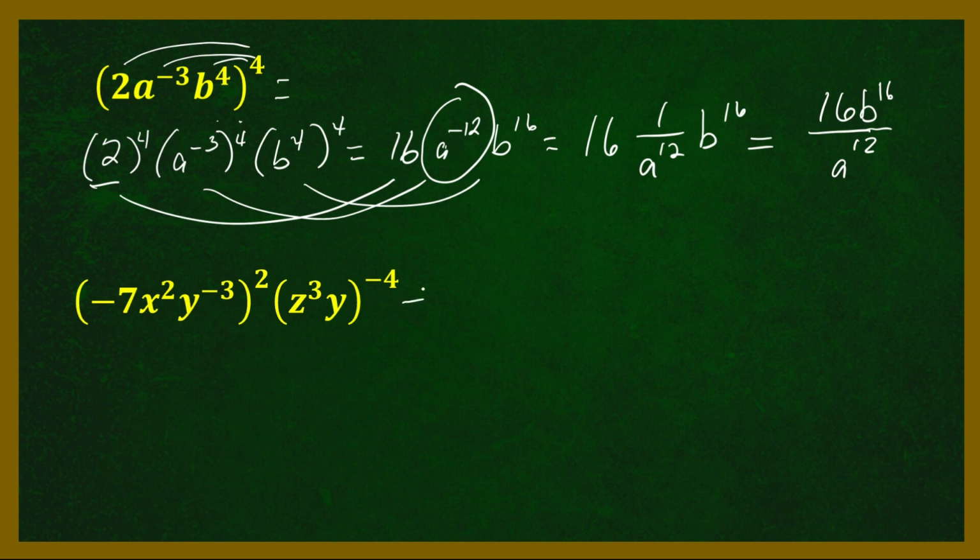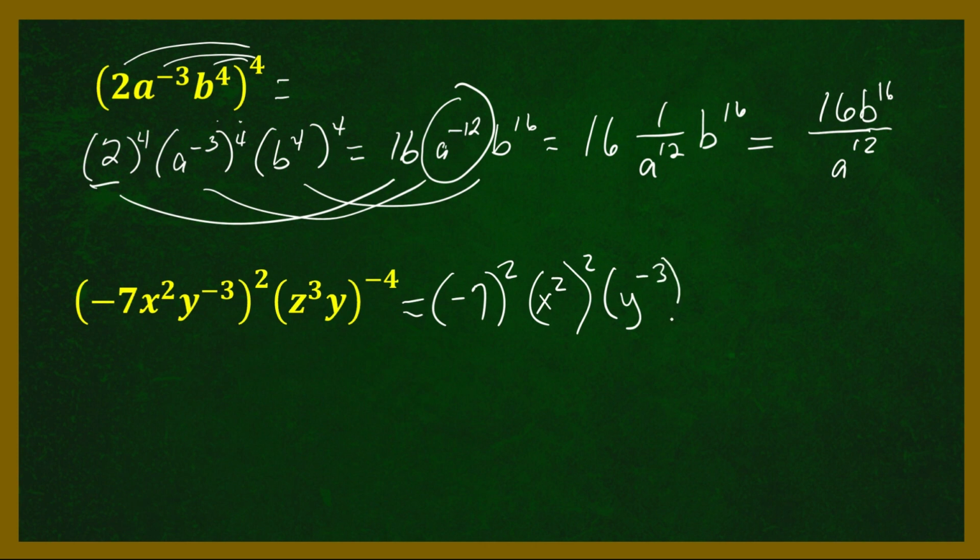We are going to solve this in the same manner as the previous problem. So first we'll start with negative 7. We're going to square that. And then x squared, we're going to raise that to the second power, times y to the negative third power. We're going to raise that to the second power.